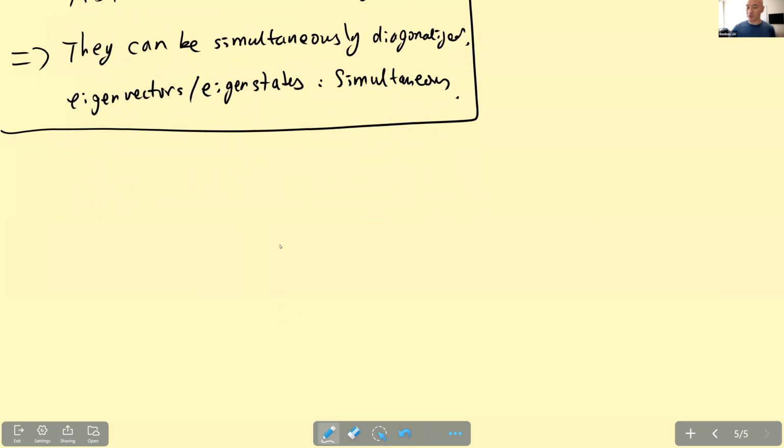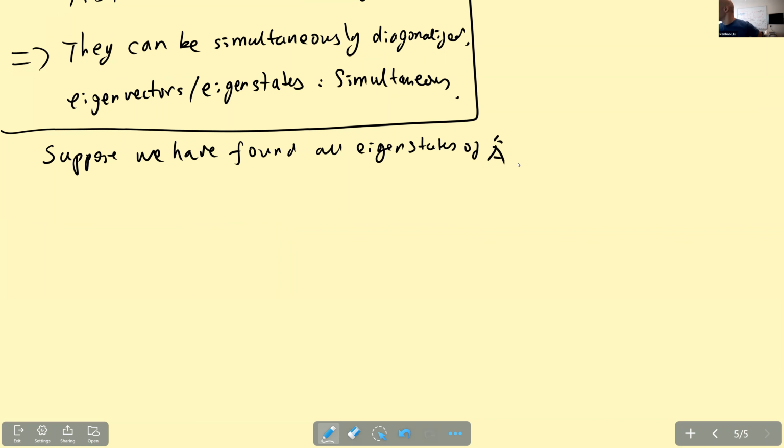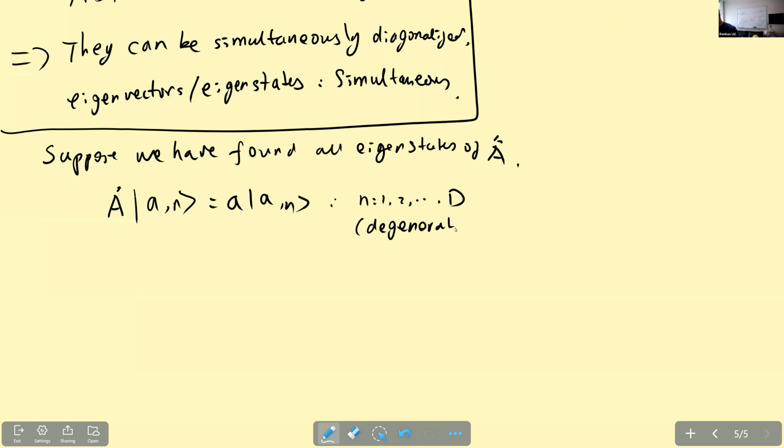So let's consider a case. Suppose we have found all eigenstates of A. So we have A acting on the state |a,m⟩ equals a times |a,m⟩. But in general, now we can have a degeneracy, so m equals 1, 2 until d, to denote the degenerate states.